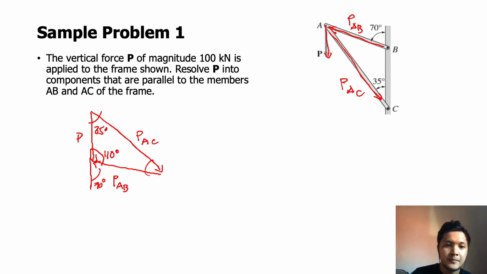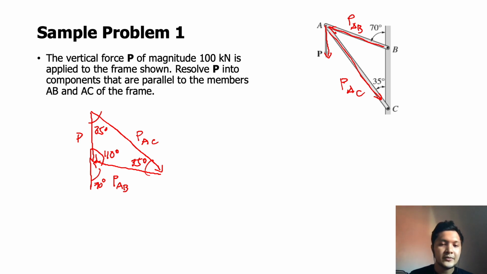And then this gives us the value of this angle as 35 degrees, since 110 plus 35 plus 35 is 180, since we know that the sum of the angles of any triangle is equal to 180.